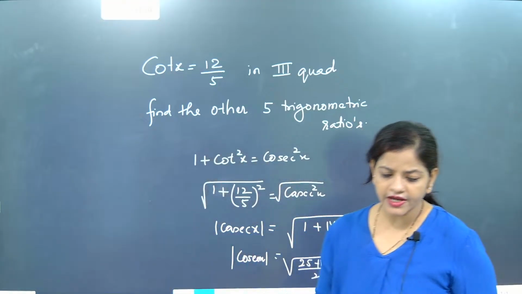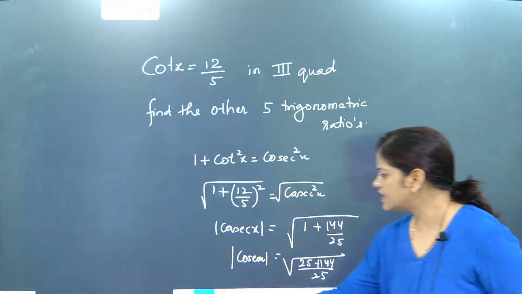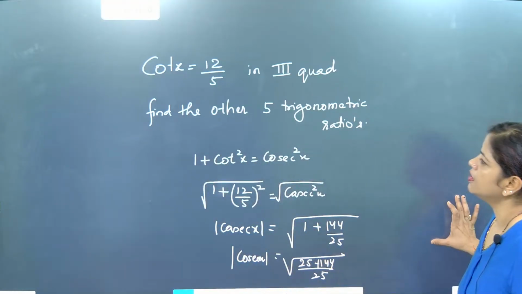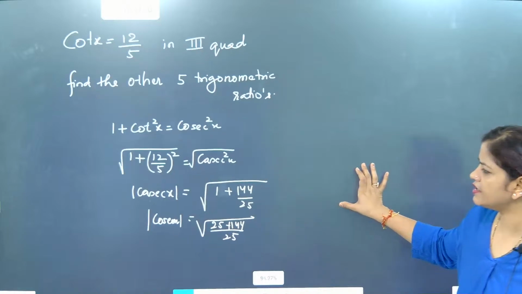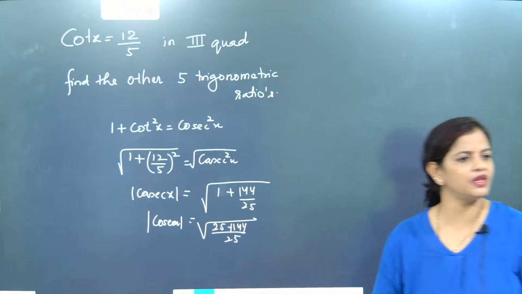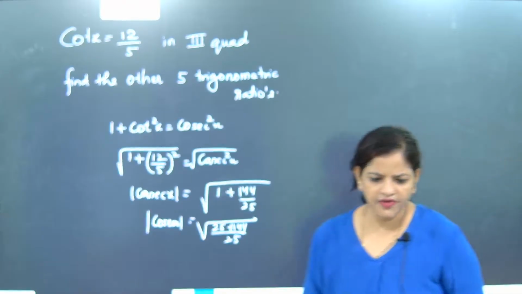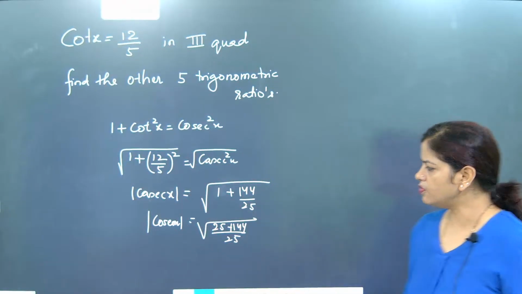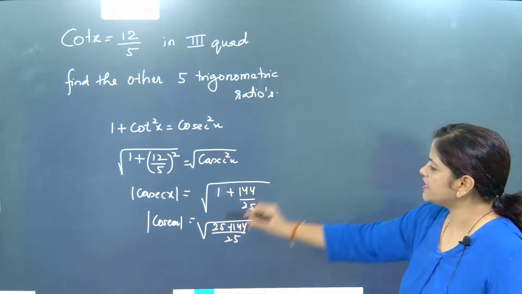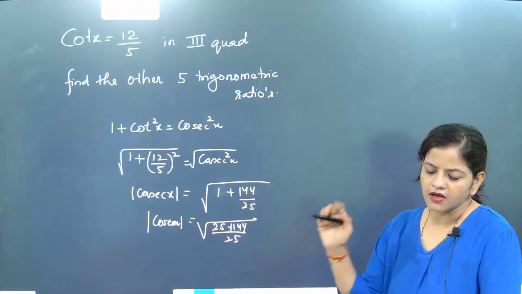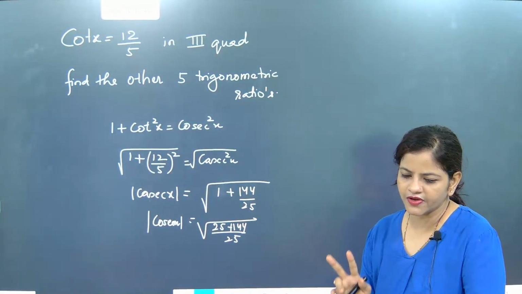Why have I not taken the triangle part? Because by this method it will become easy for you. So when you write like this, modulus will give two values, positive and negative.